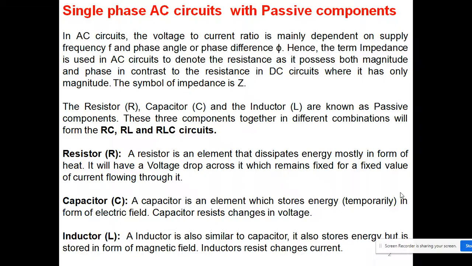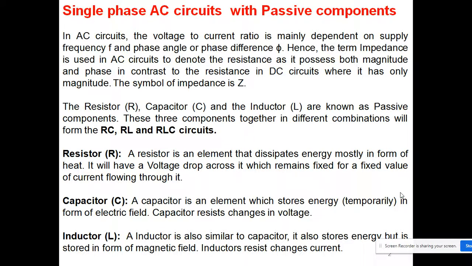It means the term impedance, which I mentioned in the previous lecture also, because impedance is an important component when we are talking about AC. If we are talking about a DC circuit, then resistance has significance.